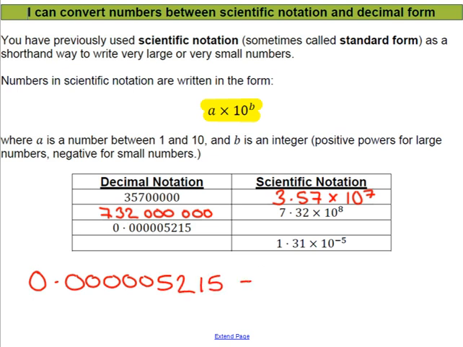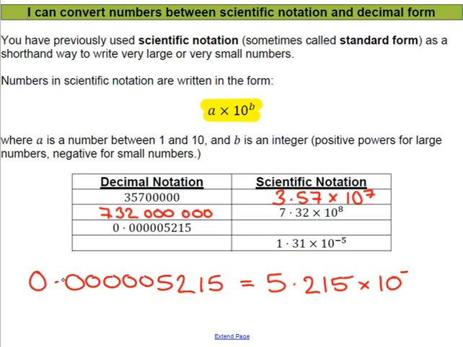Now, in scientific notation, we have a number between 1 and 10 based on this, so in this case that's going to be 5.215 times 10. Now, because this is a very small number, we're going to have a negative power, but we have to work out negative what exactly.